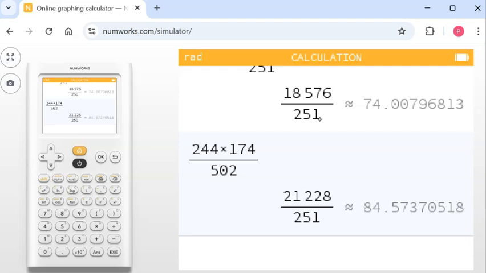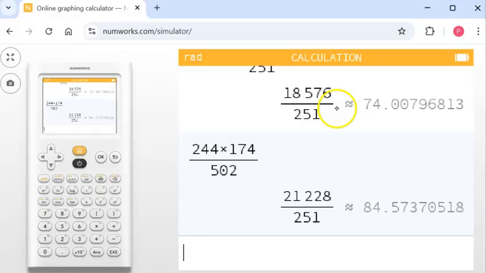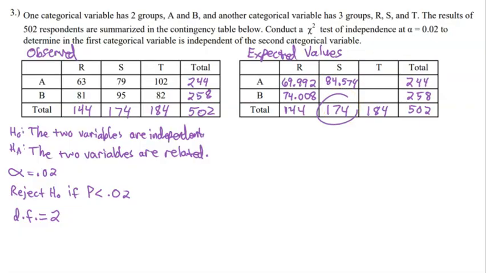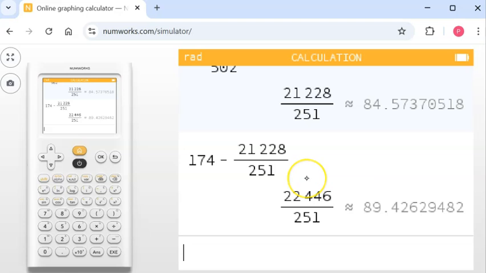I'm going to change this 3 to a 4 because this 7 is going to round it up. So 84.574. And now I'm going to subtract this from 174, just like I did before. So I'll do 174 minus answer, that's the previous answer, and I get 89.426.